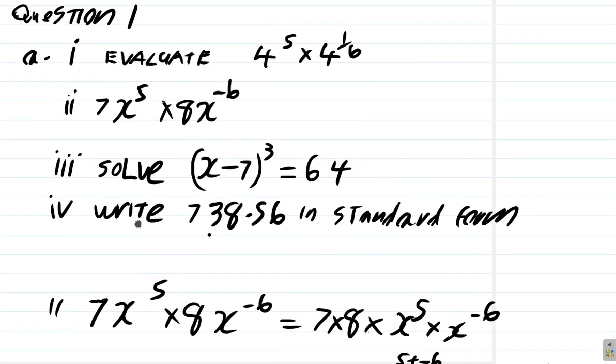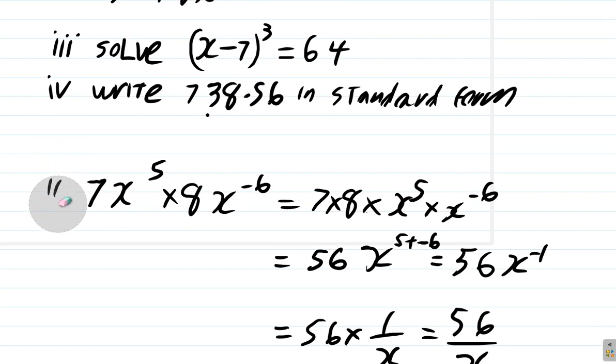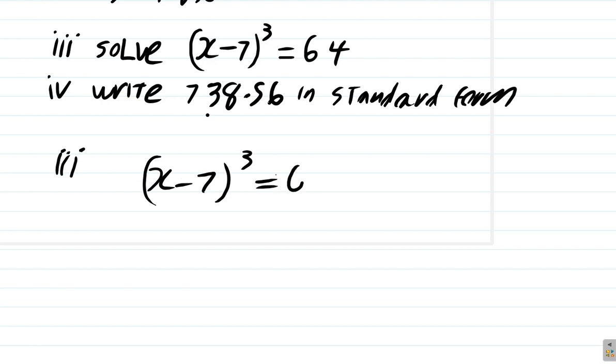Now, let's look at the other part of the question. Let's erase part 2. And we come to part 3. You must solve x minus 7 raised to the power of 3 equals 64. Alright.